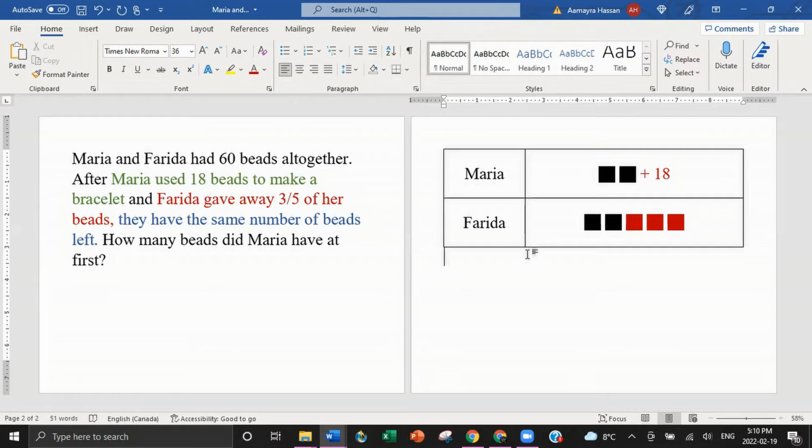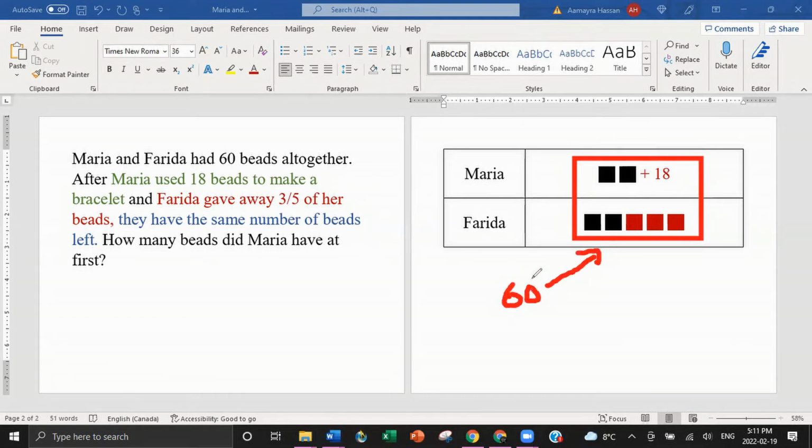Okay, and now that we have all of that information, we want to figure out the number of beads each square represents. So we know that Maria and Farida had 60 beads altogether. So this red square has to represent 60 beads, because they had 60 beads altogether.